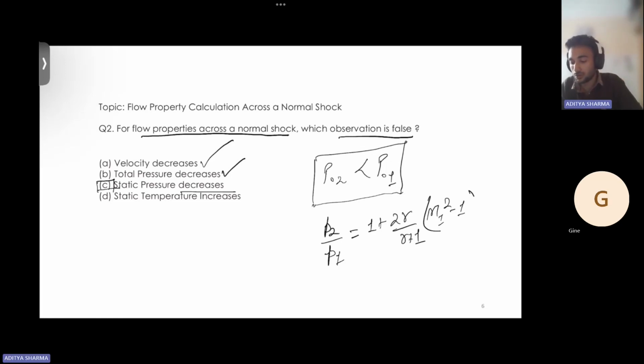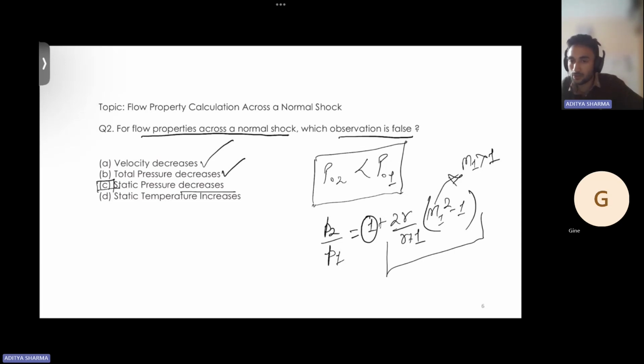And because this is a normal shock, M will be greater than 1. All right. We already have 1. So adding something to 1 will be greater than 1. So this clearly shows that P2 by P1 will be greater than 1.